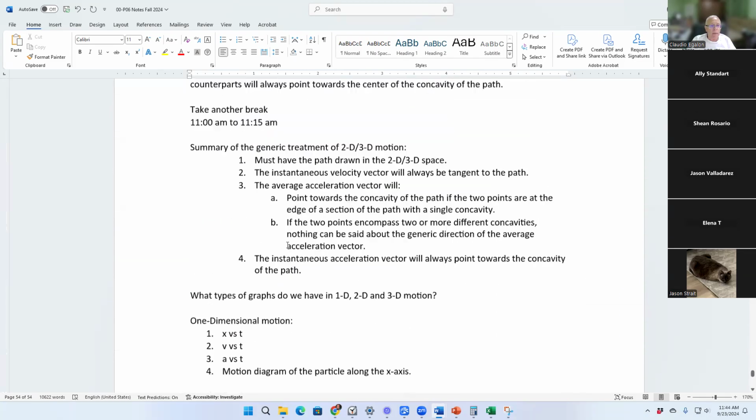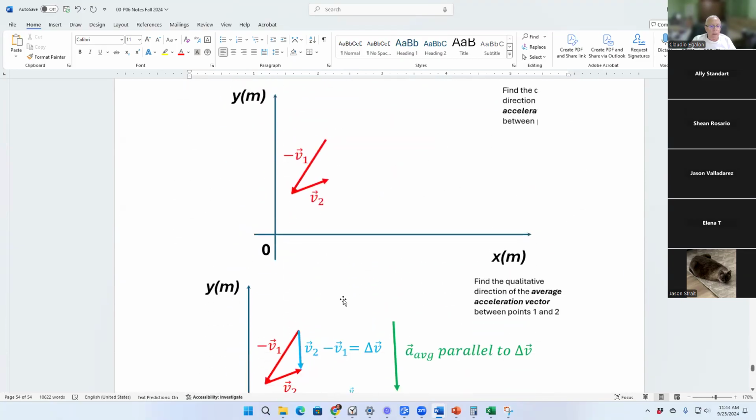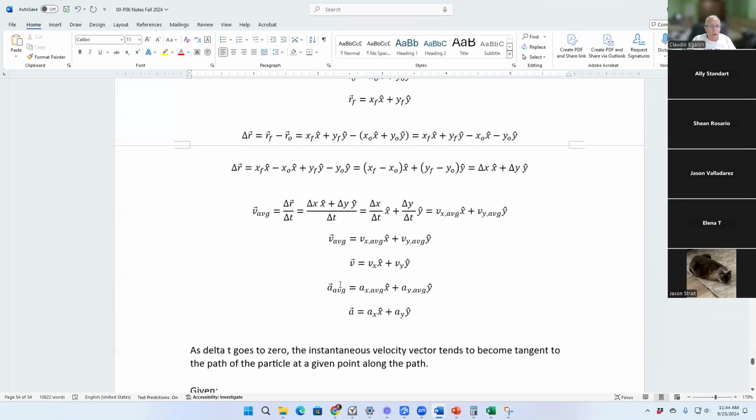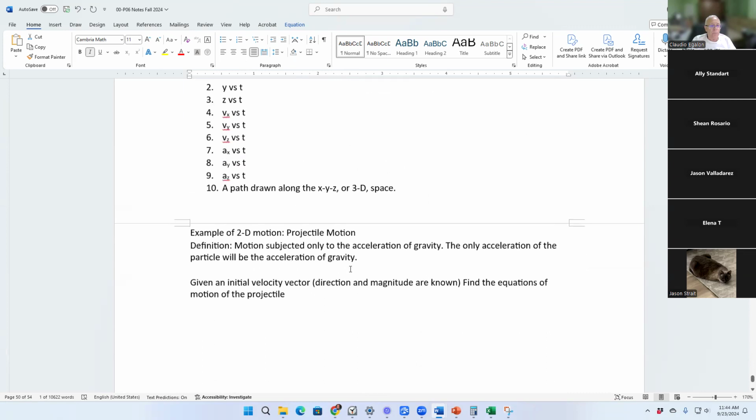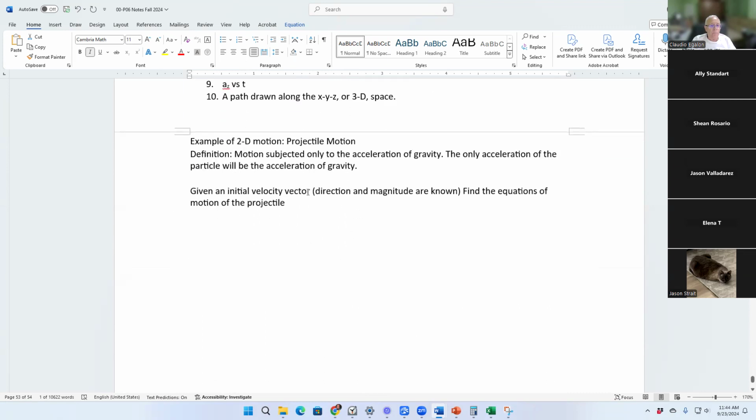Initial velocity, let me get my initial velocity here. I can get this guy here, and then I change a little bit. v dot.